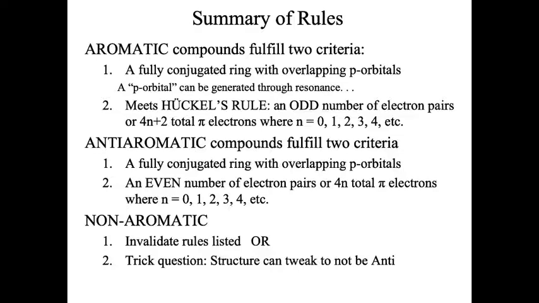That's stable aromatics, unstable anti-aromatics, and then just irrelevant because it matched with our predictions, non-aromatic. So there were certain rules and patterns that came out of those. Hückel's rule, odd number of electron pairs. You'll sometimes see this referenced as 4n plus 2. What is n? Number of electrons? Nope. Any whole number integer.